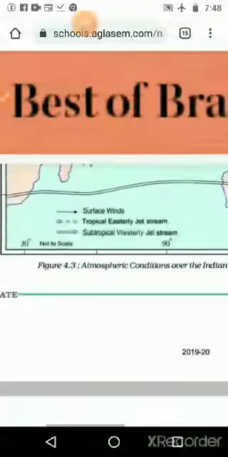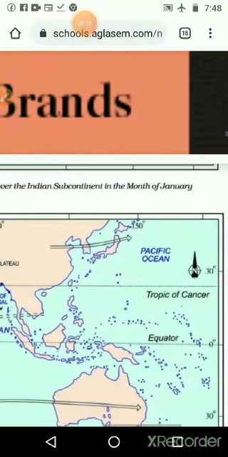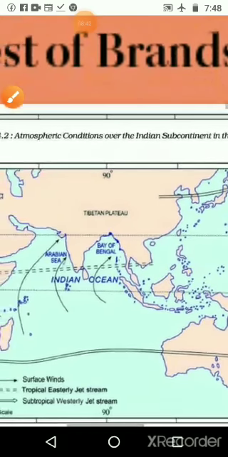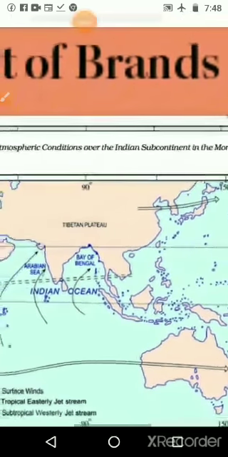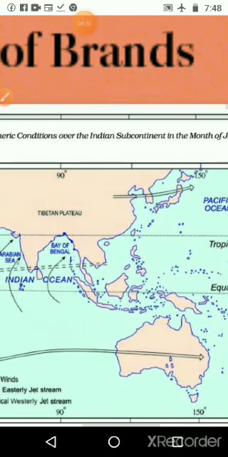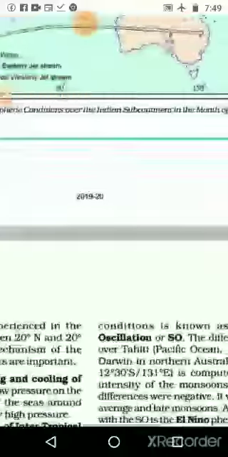If you look at the map, this is the Pacific Ocean. This area is known as the Pacific Ocean, and it comes together between these islands, and the Indian Ocean starts. So the eastern part and western part of both oceans, how they are getting heated, and the low pressure and high pressure change we can see.